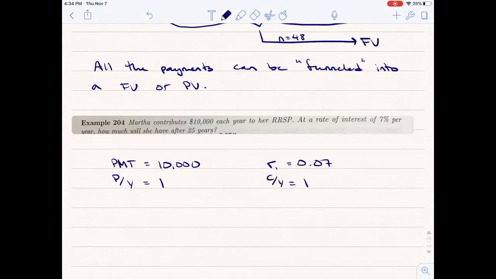Compoundings per year is 1, which is also F1. In case you weren't sure, that's a good trigger to say the payment frequency must be F2. Or you can just memorize that the compounding or the payment frequency is F2.